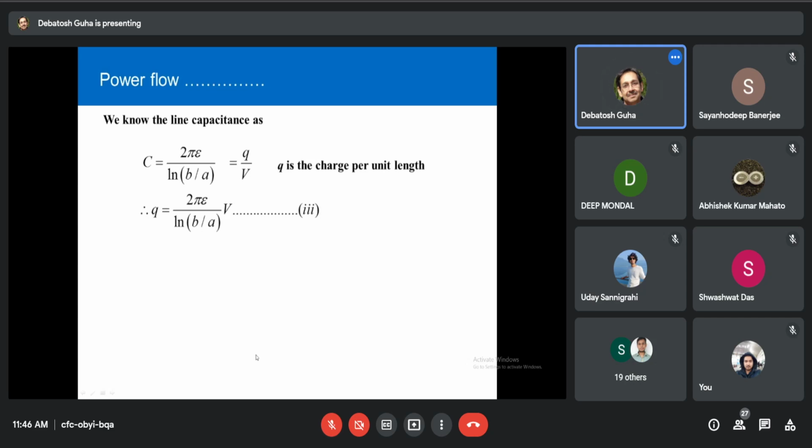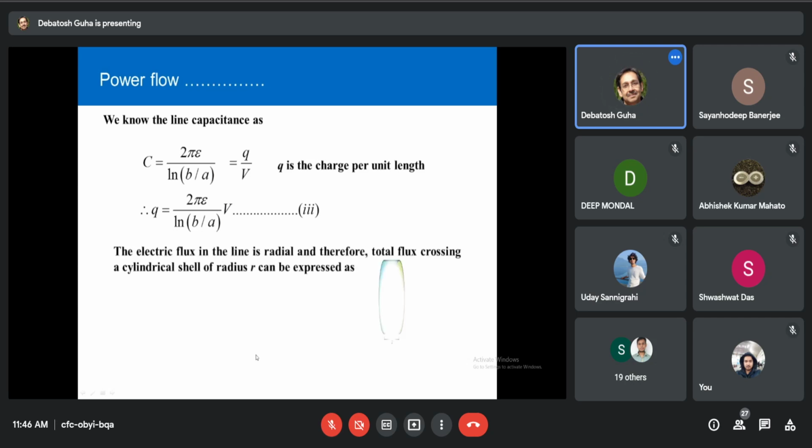So Q, just some manipulation, Q expressed in terms of V. We are considering just one small section, small cell, and the total flux that you know. The total normal induction we call is total flux across the total surface area, that is equal to Q.